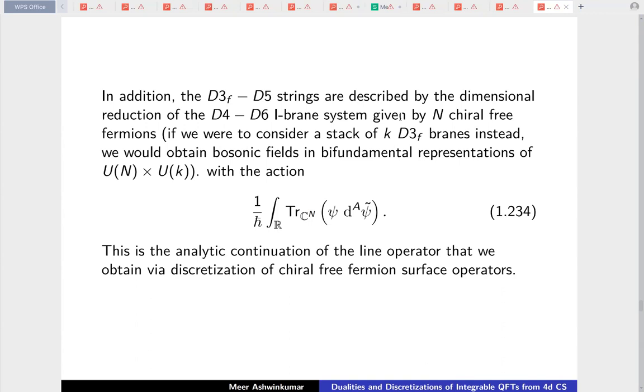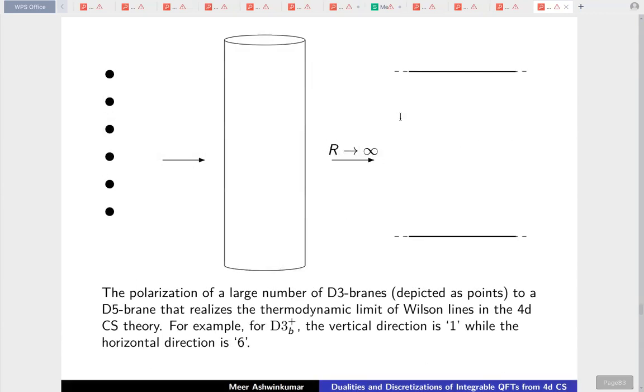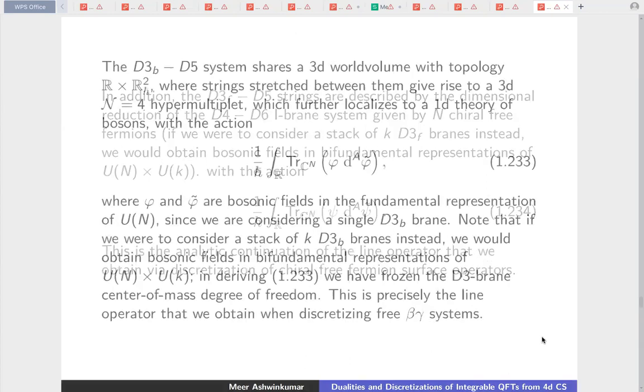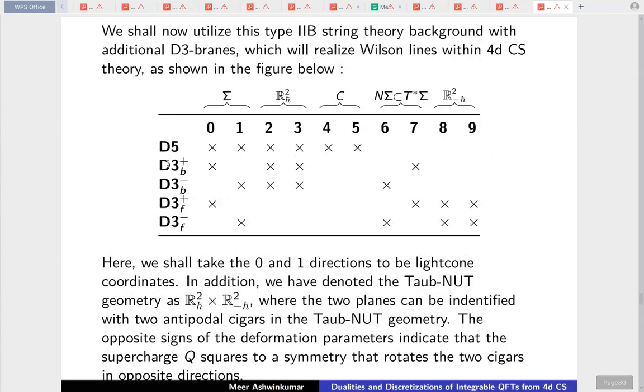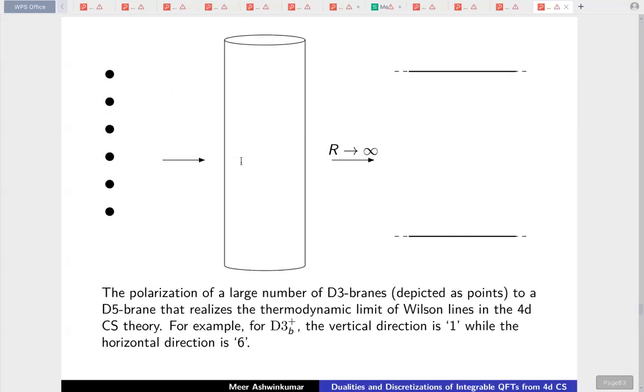And the point is that if I take many such line operators, which are, let's say, at points in this direction 1, for example, if I take this D3 plus B, and I consider many line operators in this direction 1, so these are just points in this direction. If I take an infinite number of them, the Myers effect takes place.